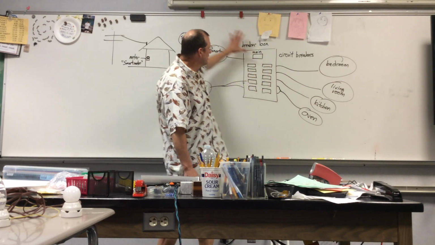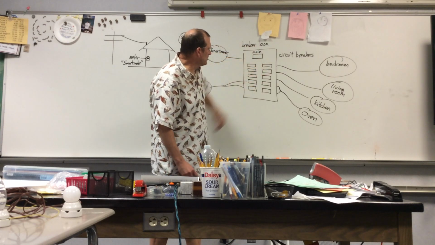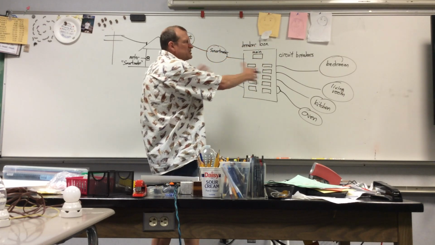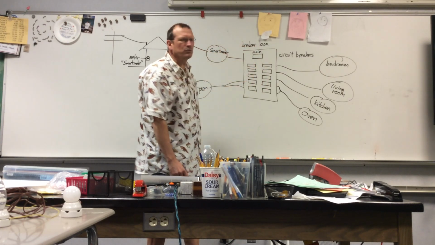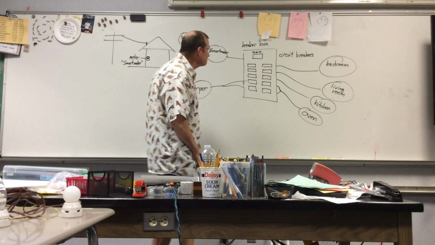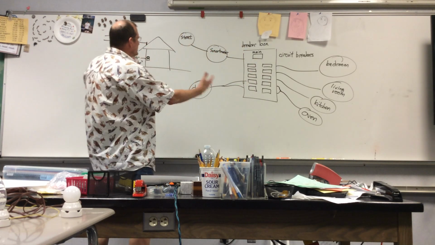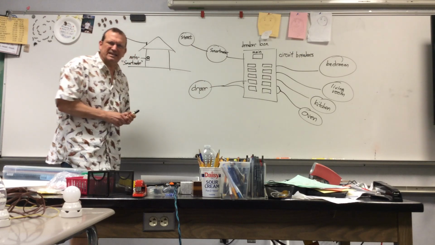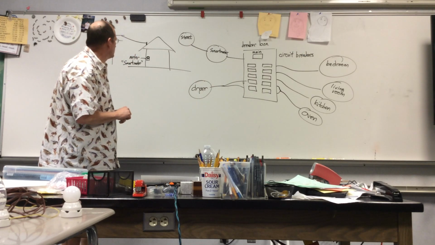And that's why we have this type of dispersion of the electricity coming through the main breaker box. Okay? So conceptually, this is how electricity gets delivered to your house.